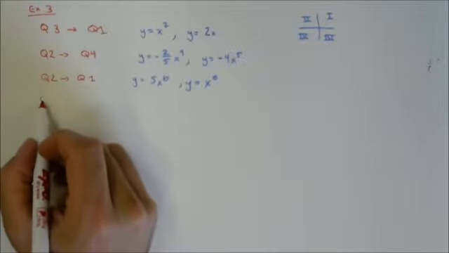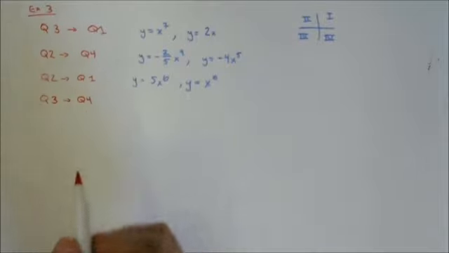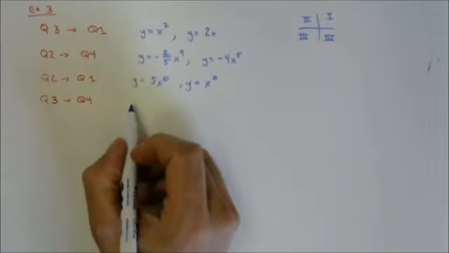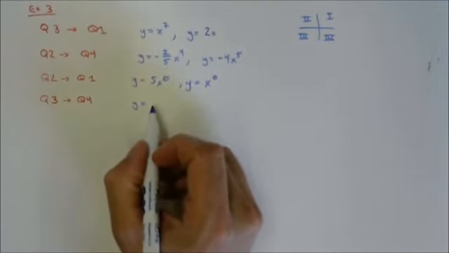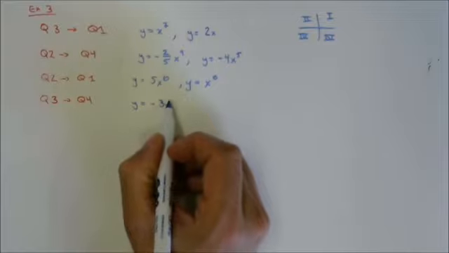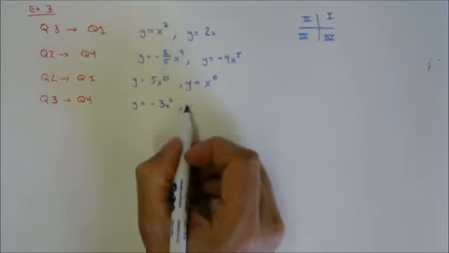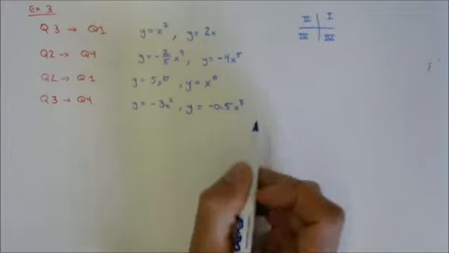The last end behavior, Q3 to Q4, which is going to be your remaining options. To describe them, what are we looking for? Negative function, even exponent. So we've got y equals negative 3x squared, and y equals negative 0.5 x to the power of 8.